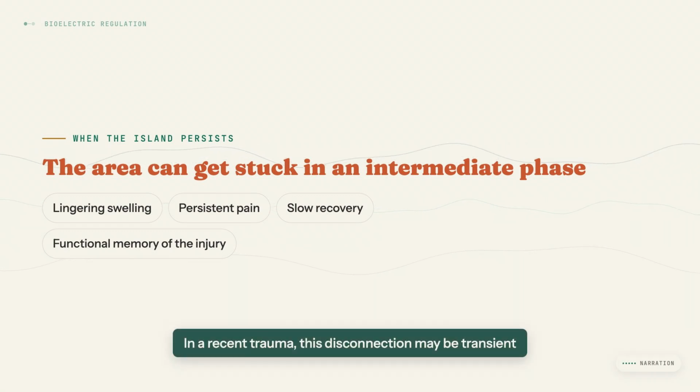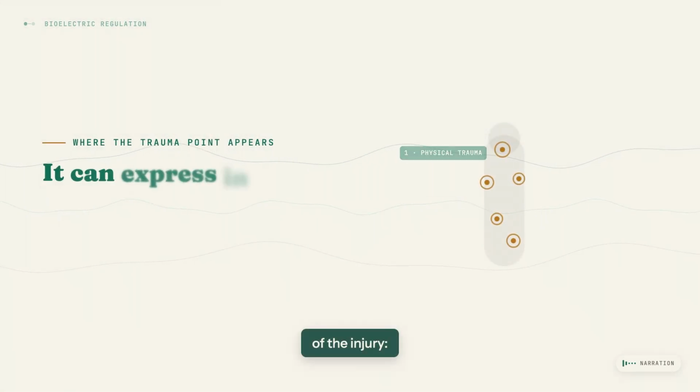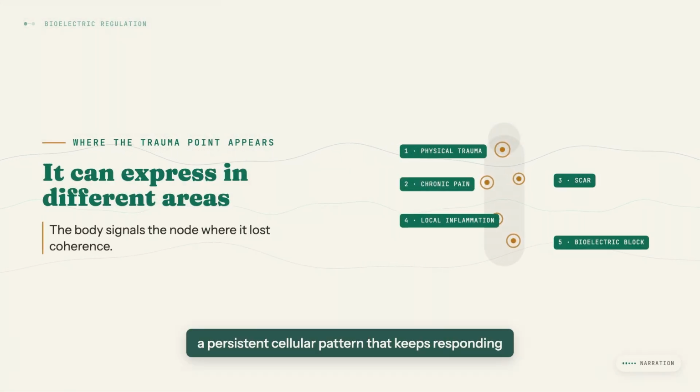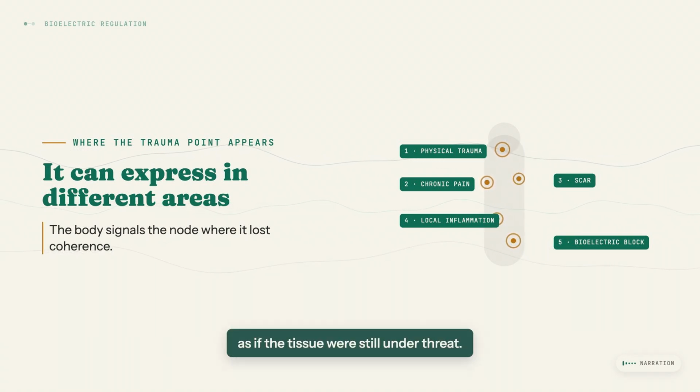In a recent trauma, this disconnection may be transient and resolved through the body's normal mechanisms. But if the alteration is prolonged, it can contribute to the area keeping a kind of functional memory of the injury, a persistent cellular pattern that keeps responding as if the tissue were still under threat.